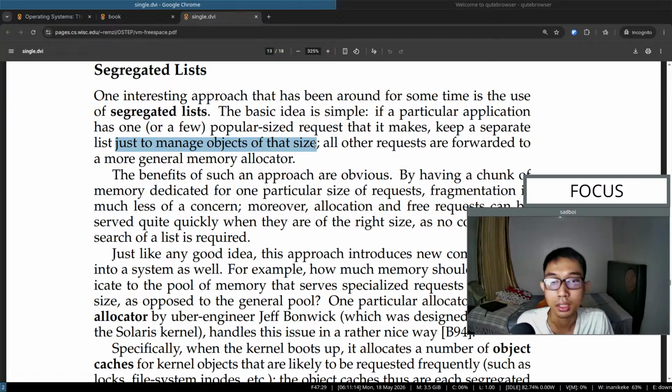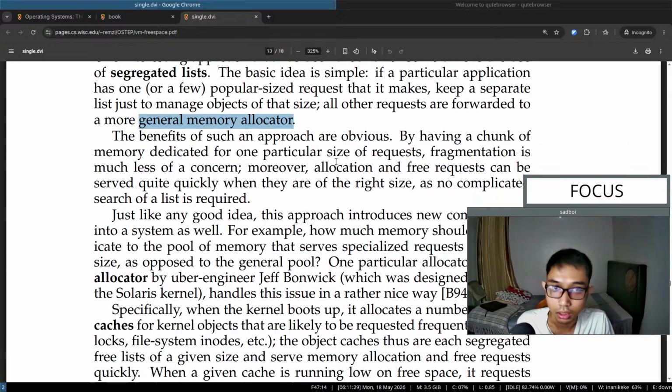Oh, interesting. All other requests are forwarded to a more general memory allocator.